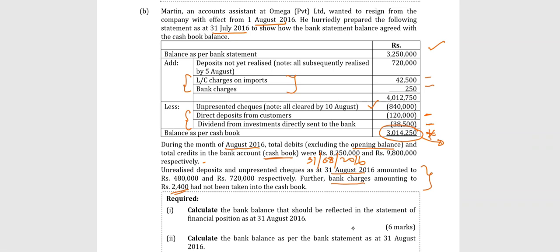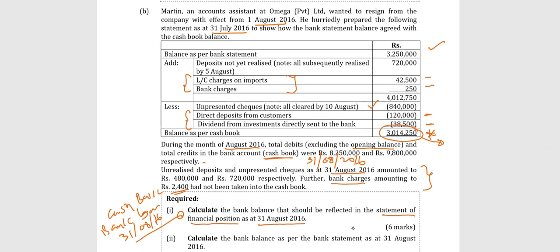So what is required? You are required to calculate the bank balance that should be reflected in the statement of financial position as at 31st August 2016. Which means you are required to show the cash book bank balance as of 31st August 2016.